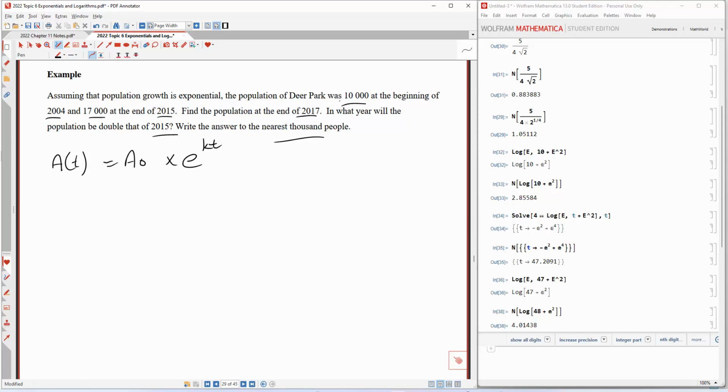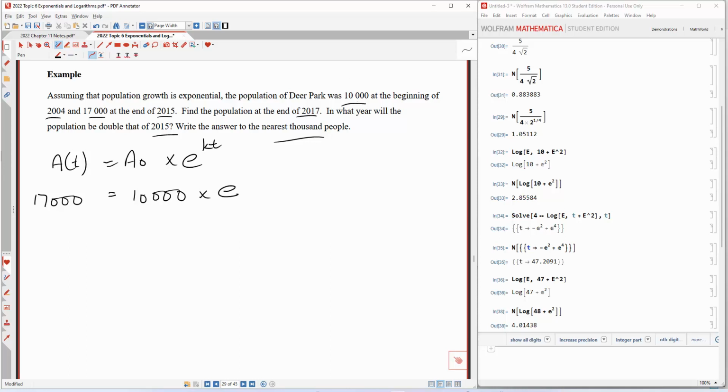The initial amount is 10,000, which grows to 17,000 at the end of 2015. So we'll say 17,000 equals 10,000 times e to the, now we need time.